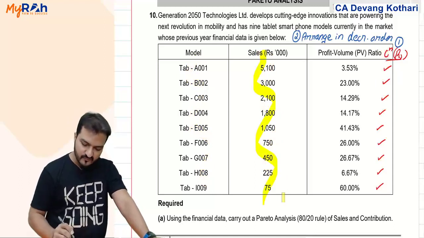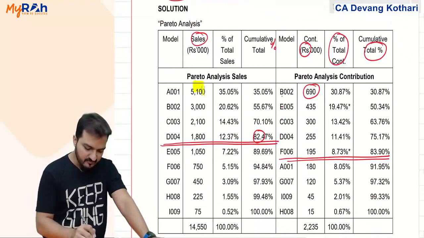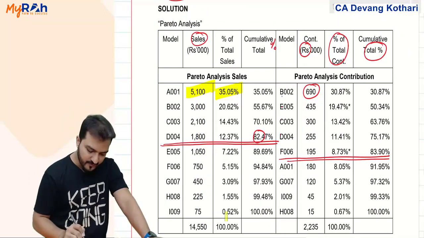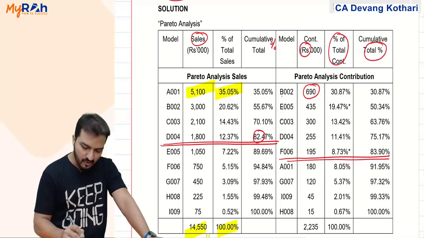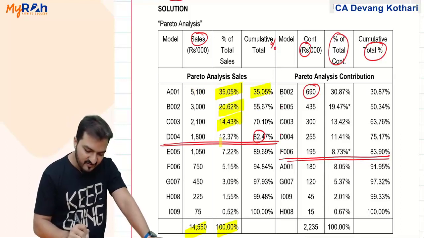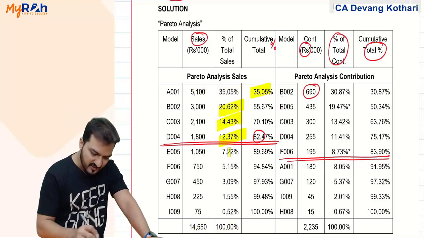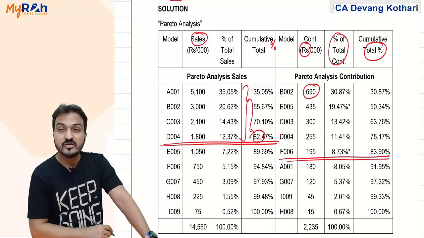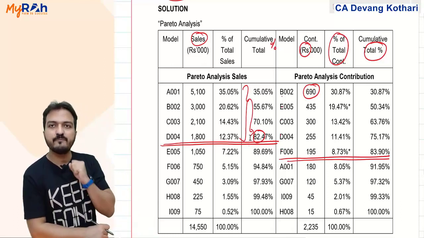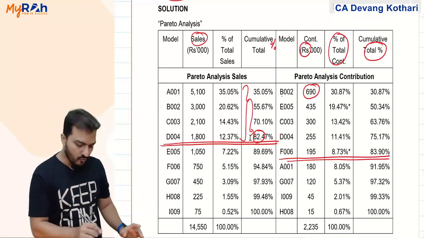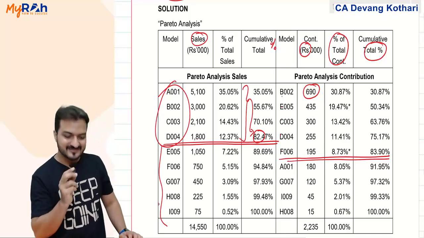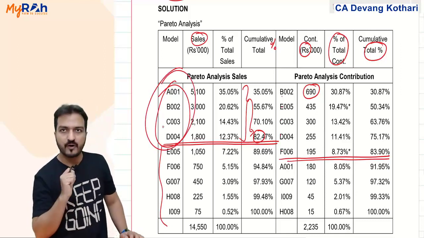So once you have the sales values, first I arrange them in decreasing order of the sales value. Convert each sales value into percentage of total sales, and now I start adding the percentages. Now by the time I add the first 4 items' percentages, it turns out to be 82%. So I can say that more than 80% of my sales comes from only these 4 products. Rest all products are giving only 20% sales. So these 4 products are important products.